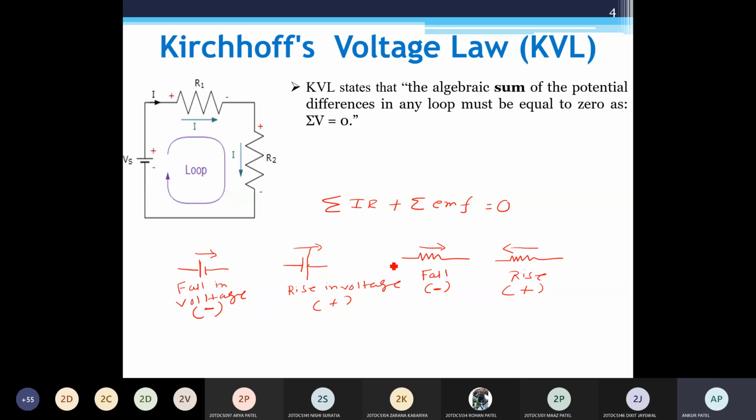These rules you should remember while applying KVL in a circuit. I'm giving one example so that you can apply these rules for KVL in a particular circuit.